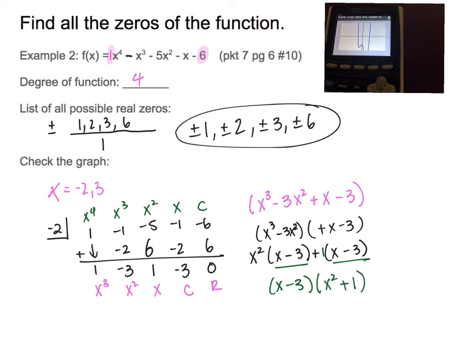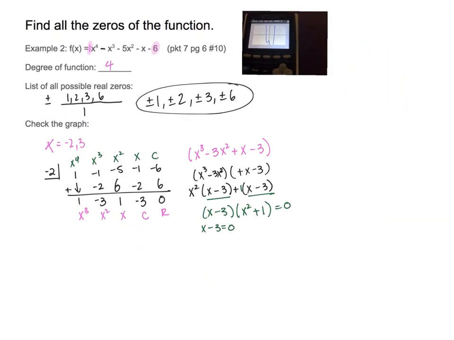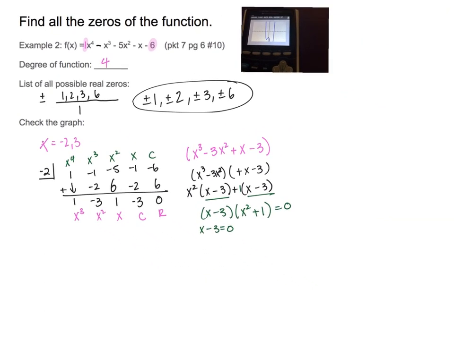So looking at this here, I would set these factors equal to 0. So here's the thing. x minus 3 equals 0, let's see if I can move this over here. There we go. So this one, if I set equal to 0 and add 3 to both sides, x is equal to positive 3.